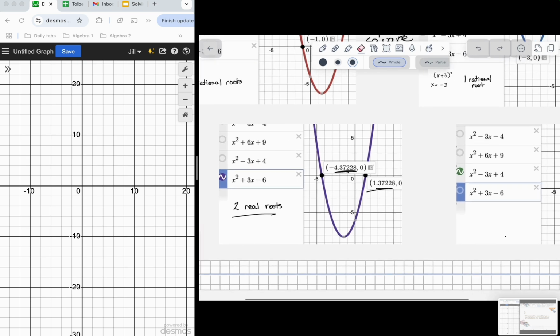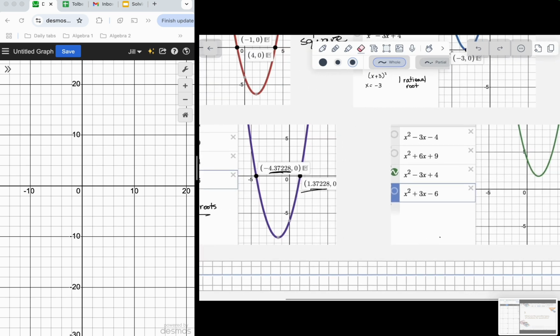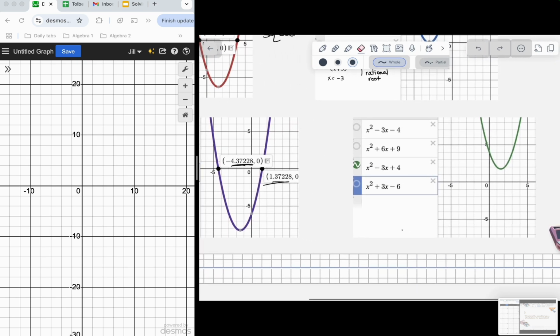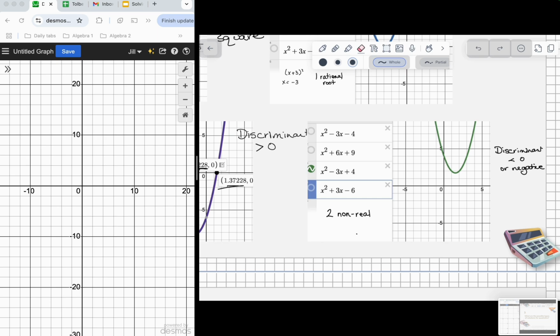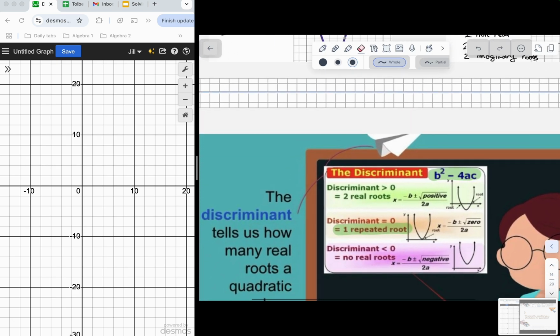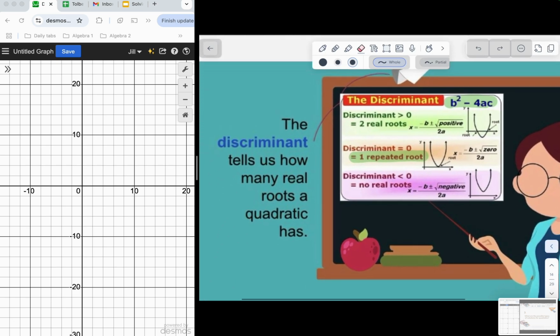They're real roots, but they involve a radical expression, so that square root is still in the solution to your 0. And then the last case is when the graph does not cross the x-axis at all. And that's what happens when you end up with a discriminant, or a part underneath the radical, that is a negative number. So there's no roots that you can point to. So you would have 2 non-real roots.